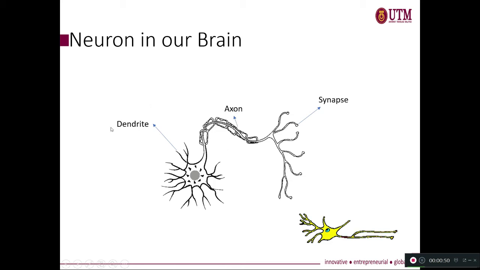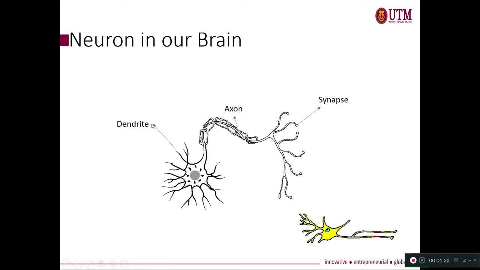The input comes from the stimulus from the previous, adjacent neuron or from the sensor, which is converted into electrical signal and flows to the dendrite, and from that dendrite it will either activate the center of the neuron or not activate. It depends on the brain itself whether that information is important or not.